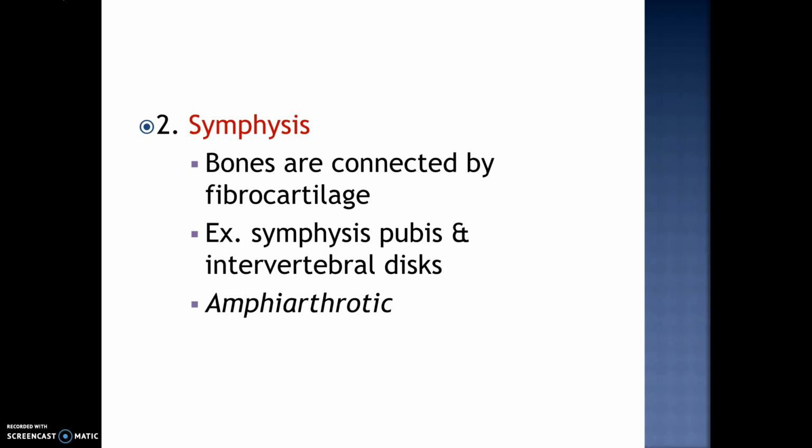So these are amphiarthrotic, so these are a little bit movable, which is going to be important, especially in that pelvis because of that movement that needs to occur during childbirth. And then, of course, our spine, we need to move our spine to move around.